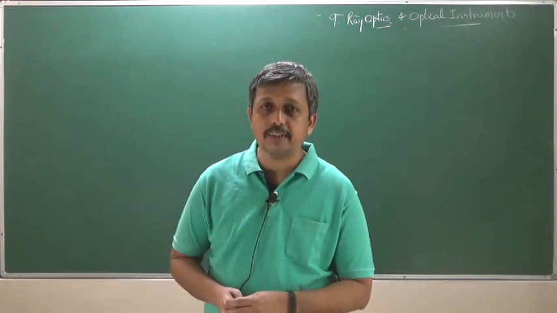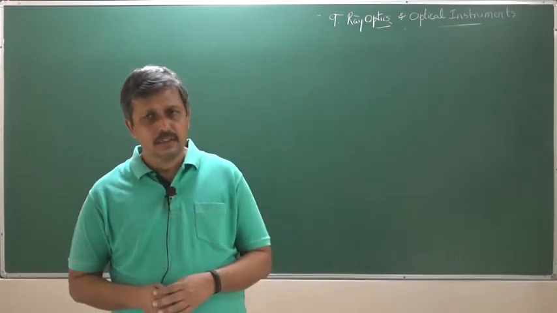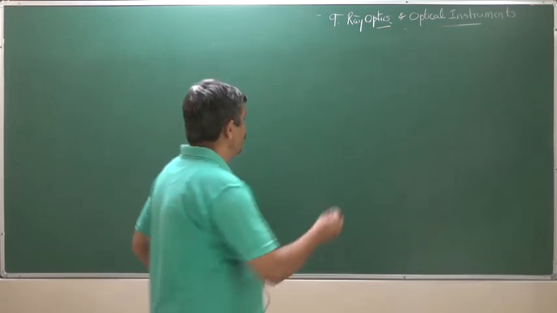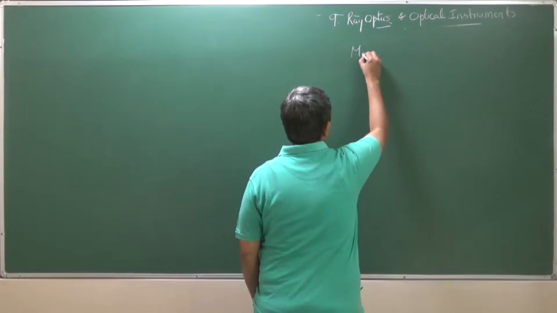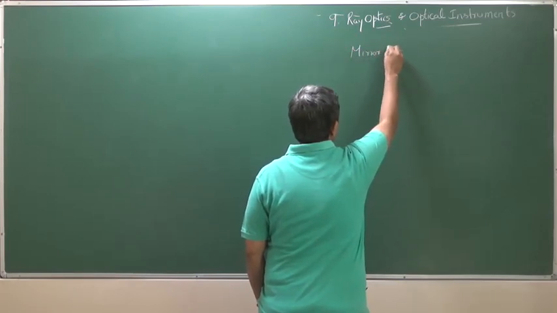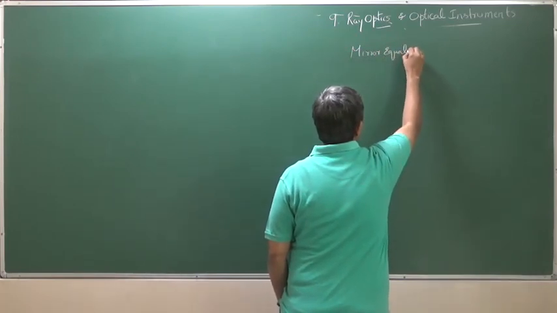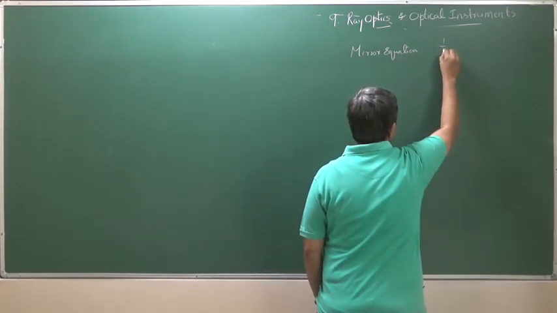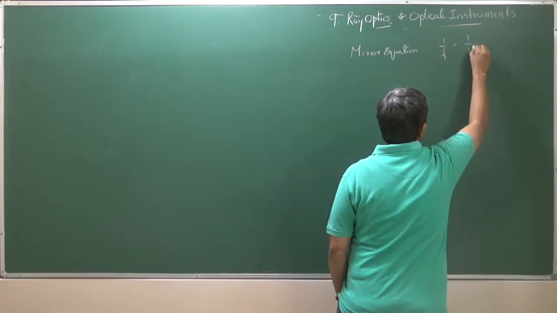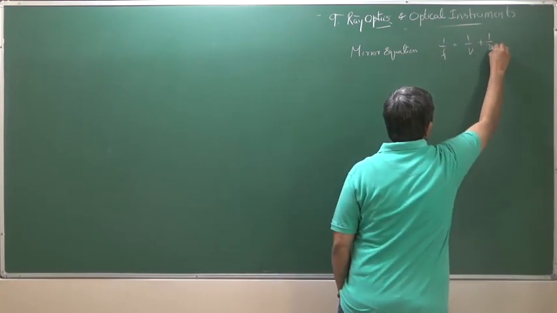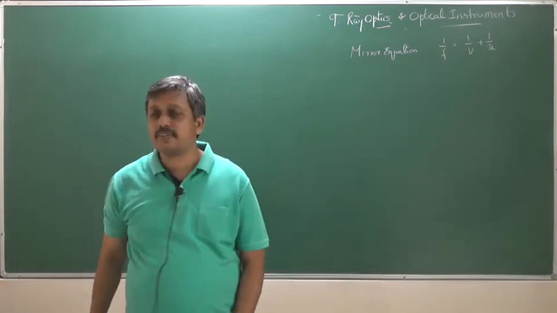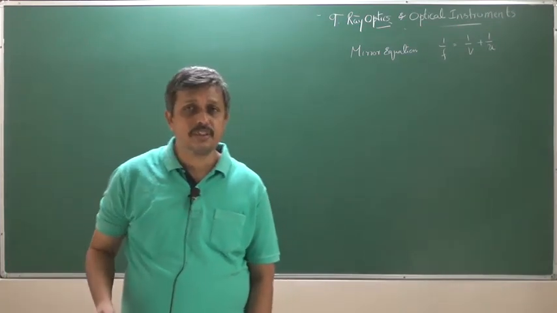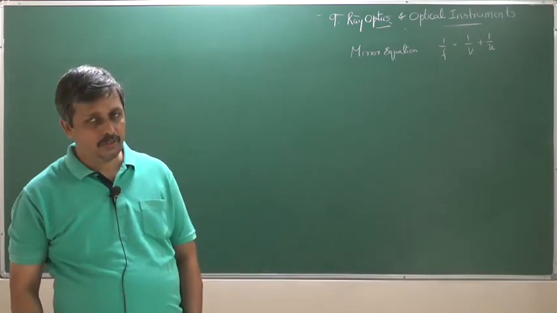So now we are going to do a derivation of the mirror equation. From our earlier classes, in 9th or 10th standard, you would have probably done the mirror equation where 1 by f is equal to 1 by v plus 1 by u, where f is the focal length, and v and u are the image distance and object distance respectively.